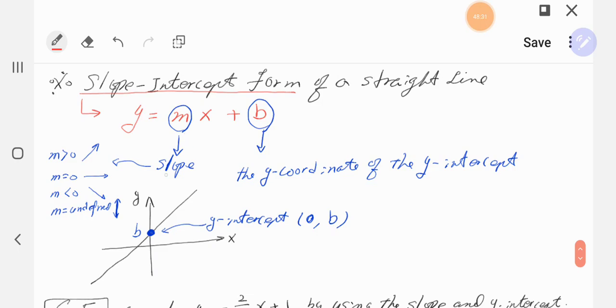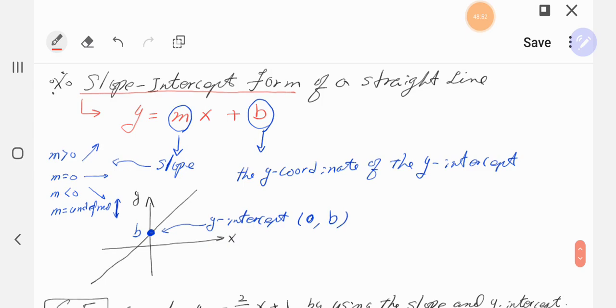If the slope is positive, then the straight line is going up. The right end is going up. And if the slope is 0, the line is a horizontal line. And if the slope is negative, the right end is going down. And the slope is undefined if the line is a vertical line, right?